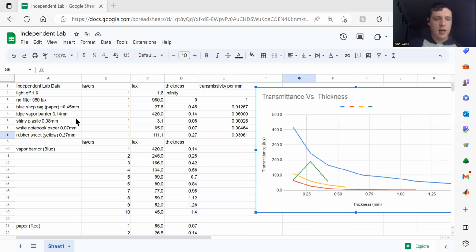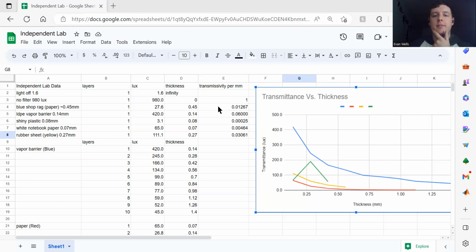By shiny, I mean it looks kind of like foil. It had a physical vapor deposition process done to it. I also had some regular notebook paper. And I had this rubber sheet here. This is my desk mat. I thought that would be a good material to test.